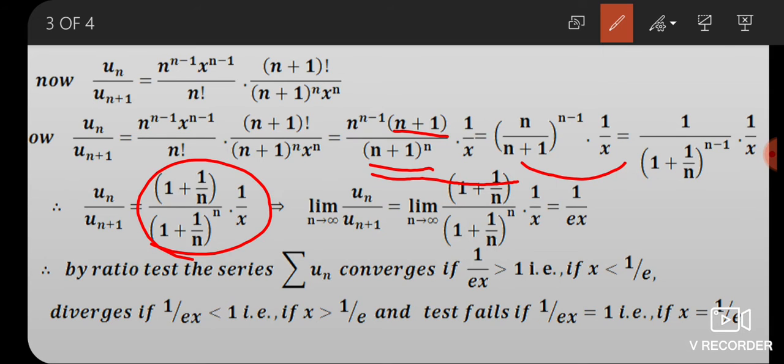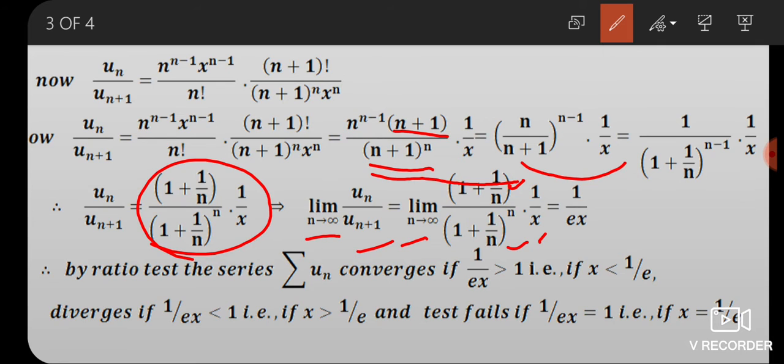Now take the limit on both sides as n goes to infinity: limit n goes to infinity un upon un plus 1 equals limit n goes to infinity of 1 plus 1 upon n to the power n multiplied by 1 upon x.